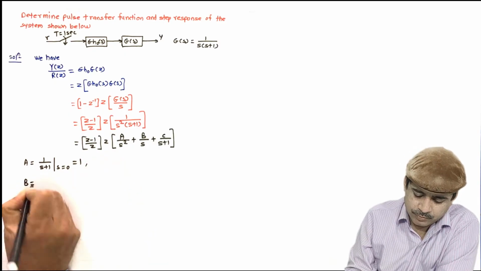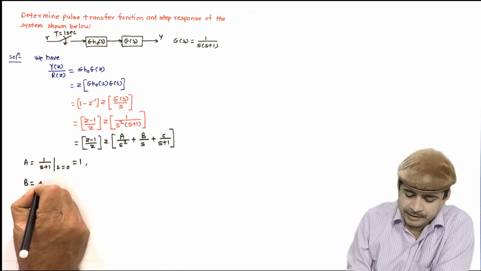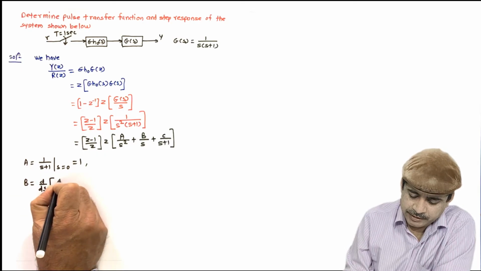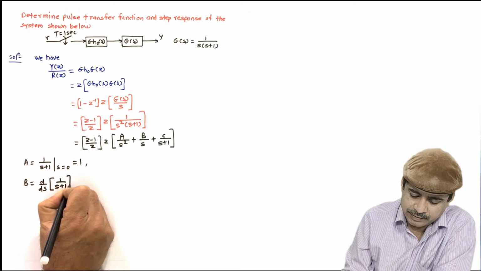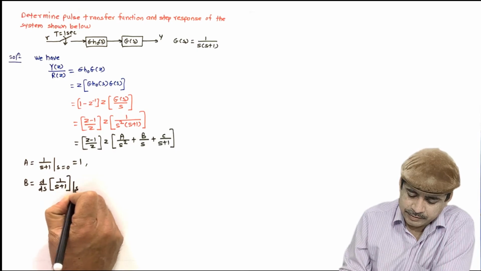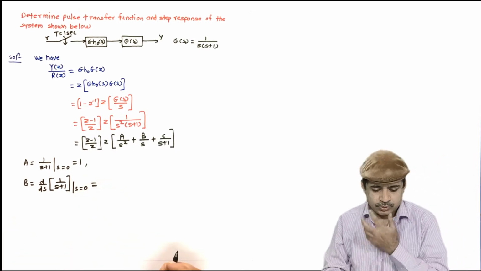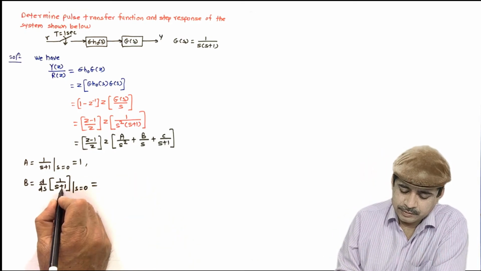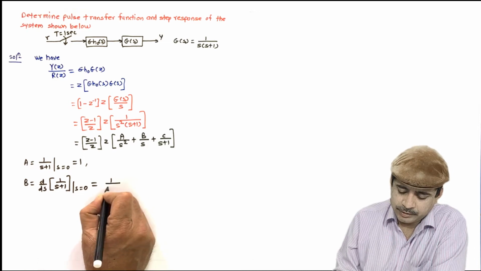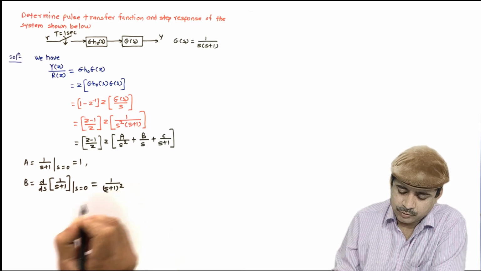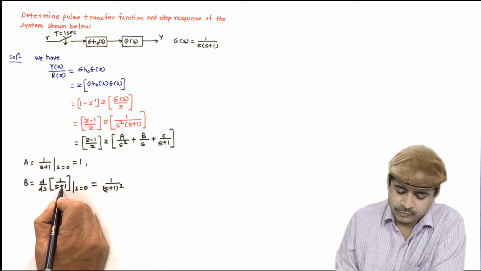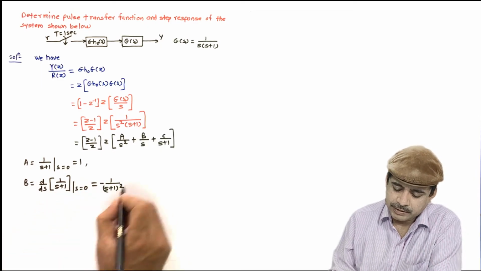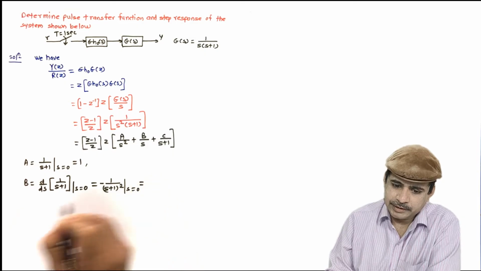B equal to, now for this B we have to go by d by ds because it is a repeated root. d by ds of 1 upon s plus 1 at s equal to 0, and that is equal to, the derivative of this will be minus 1 upon s plus 1 whole square, that is s plus 1 into derivative of 1 is 0 minus 1 into this, so it is minus, at s equal to 0.